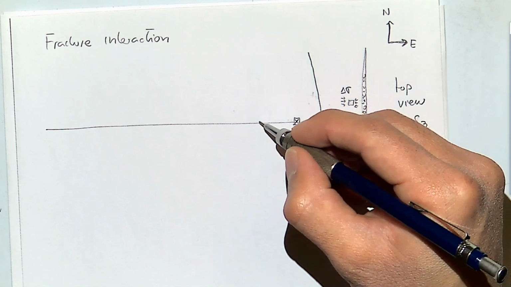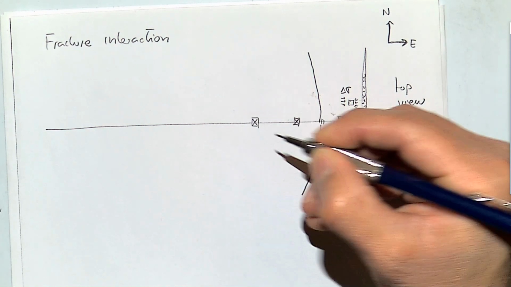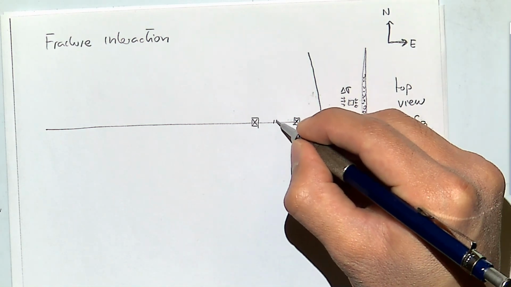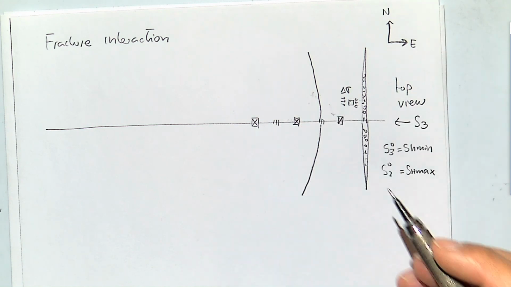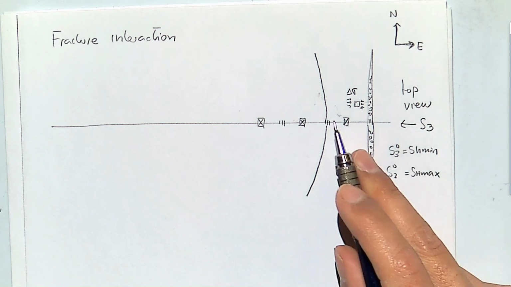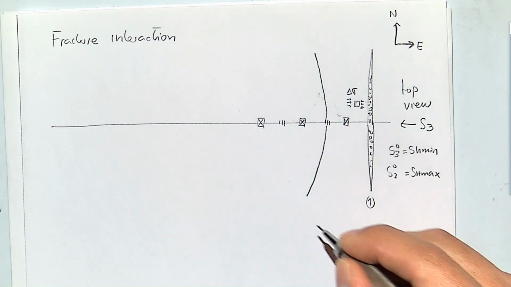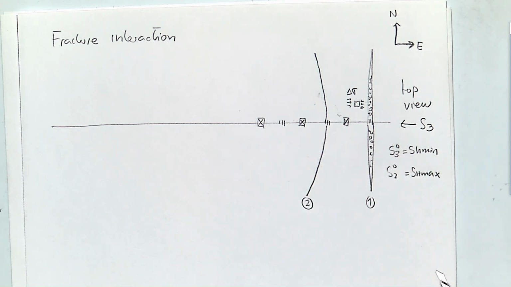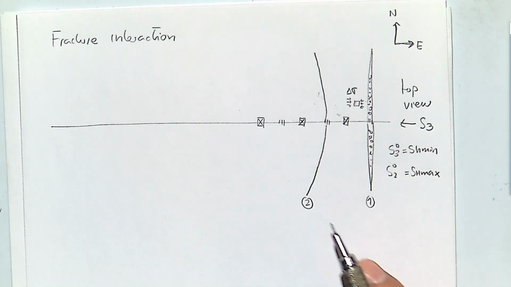And if you go ahead and make another fracture, probably now this one is closer than the other. Let's put numbers: number 2 is going to be closer to 3 than 1 was to number 2.